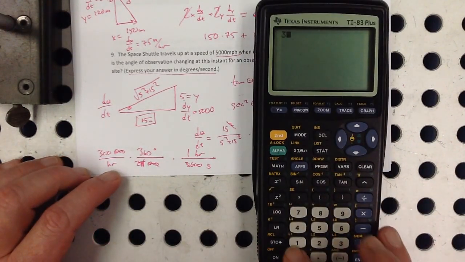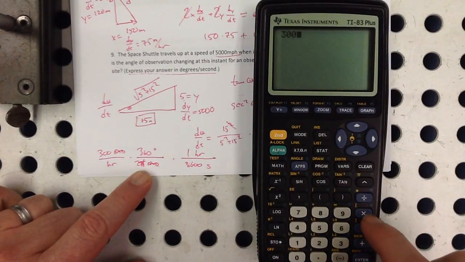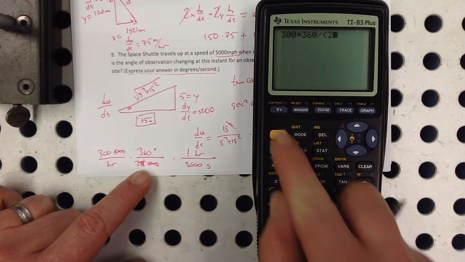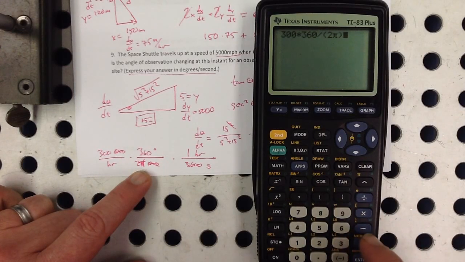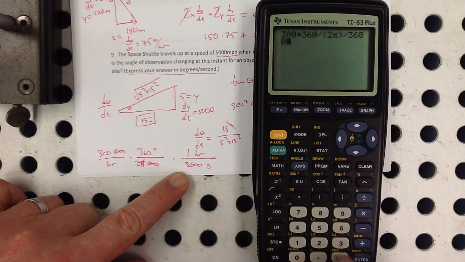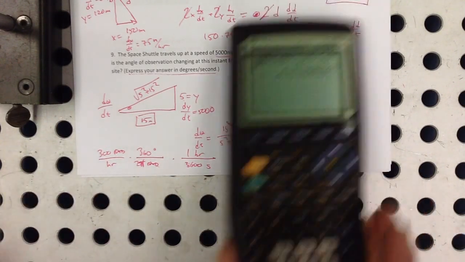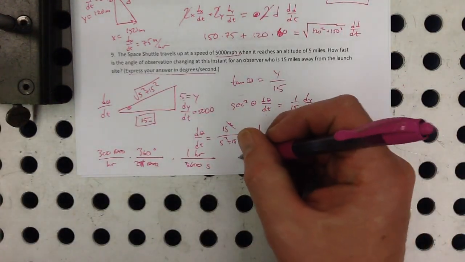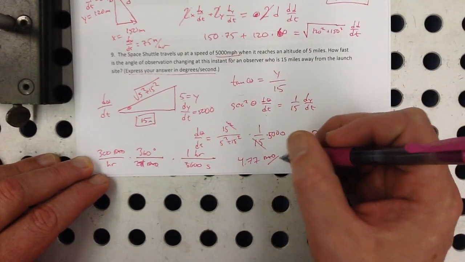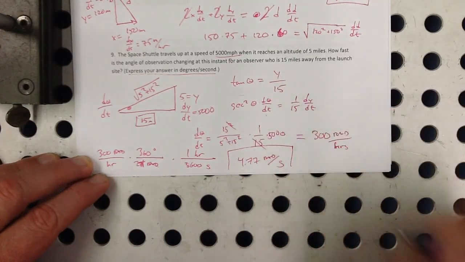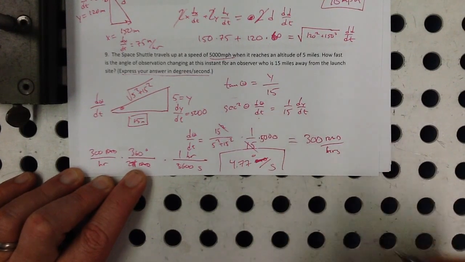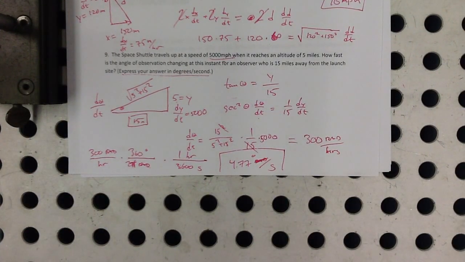I got 300 times 360 divided by 2 pi, divided by 3,600. 4.77 radians per second. Oh, sorry, just kidding. Degrees per second. All right, that was fun.